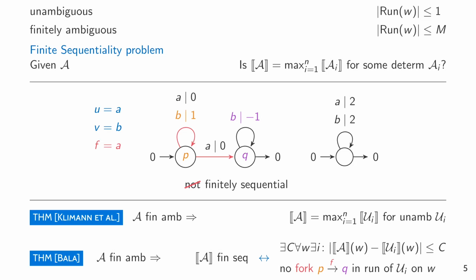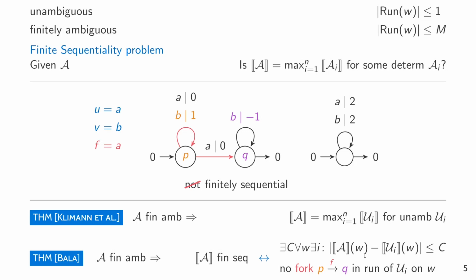And furthermore, on the run of this automaton, there should be no fork. So we should not go from a rival p to a rival q using a fork. If we say that runs where we have no fork are good runs, then this condition says we should be able to approximate our original automaton by using only good runs of the automata from the unambiguous decomposition.